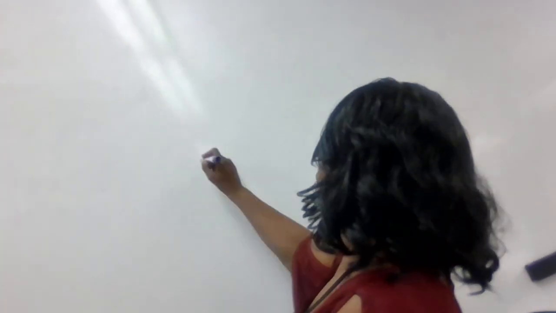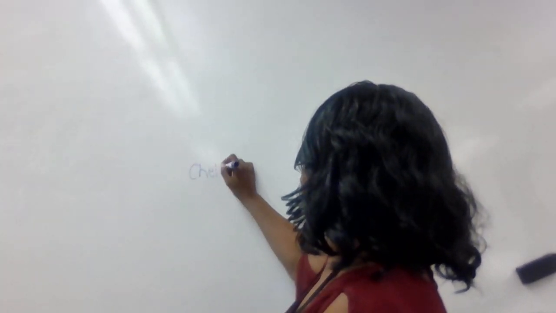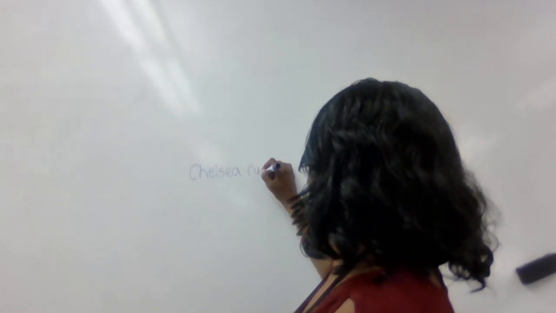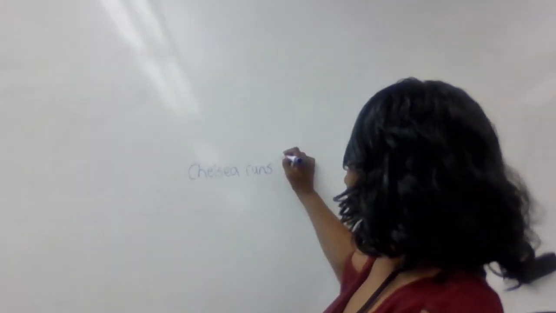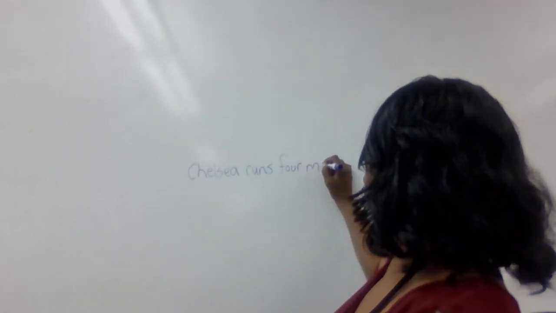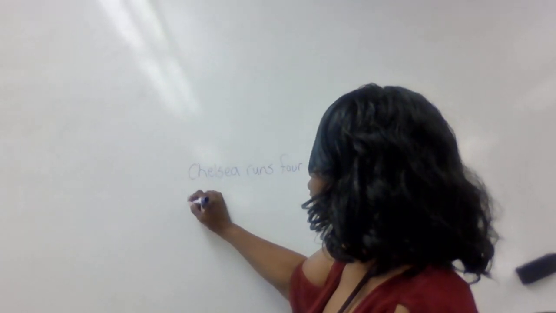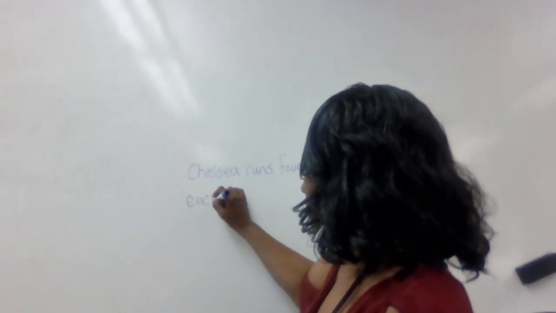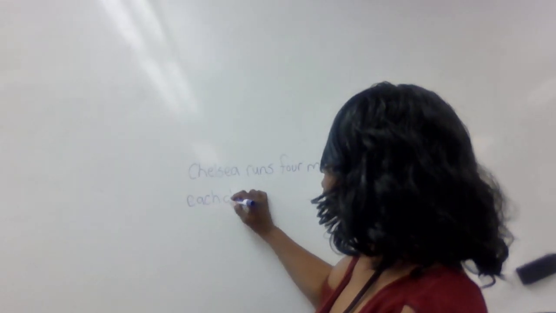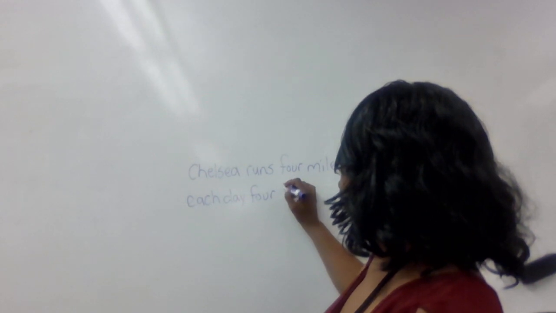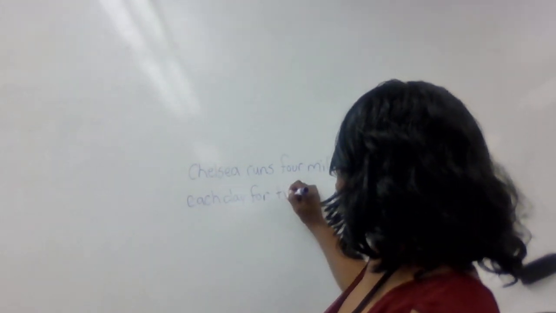So now I'm going to do a word problem using multiplication. This says: Chelsea runs 4 miles each day for 21 days.